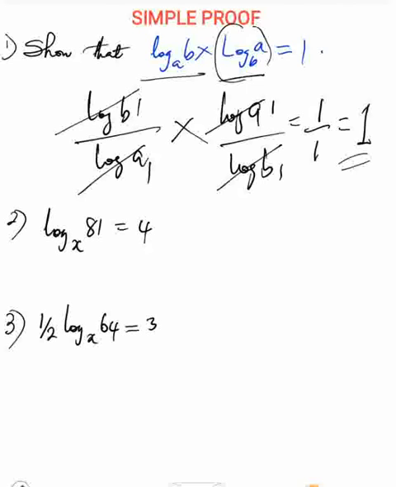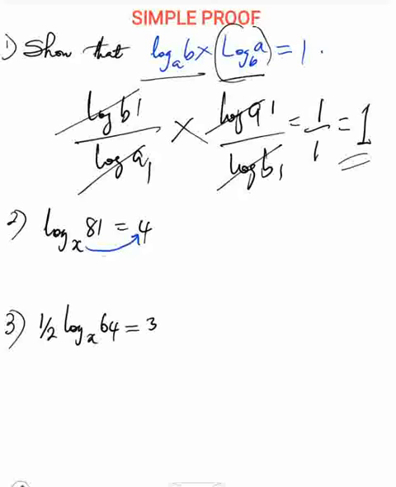Alright, so I feel like resolving other questions in logarithm. That is why I quickly added these two questions here. We have log 81 base x equal to 4. We are expected to find the value of x. Remember, this base is to carry this as the index to be equal to 81.